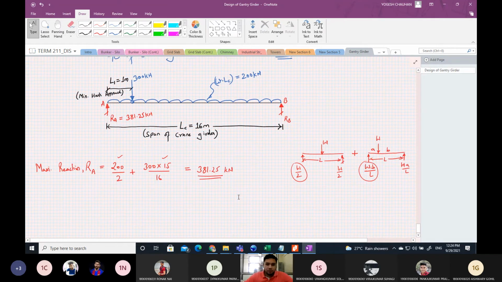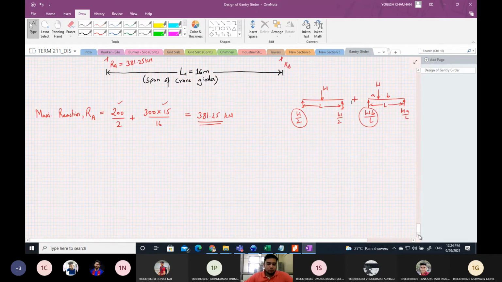So now you have the reaction. From this reaction you can find the wheel load. The load on the gantry girder from each wheel load will be half of this, 381.25 divided by 2.